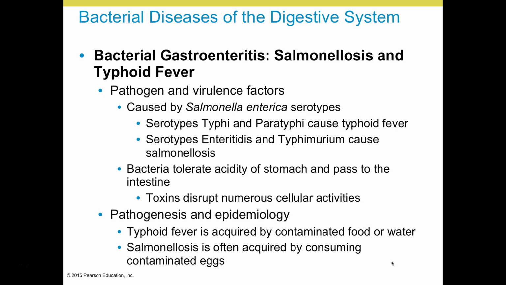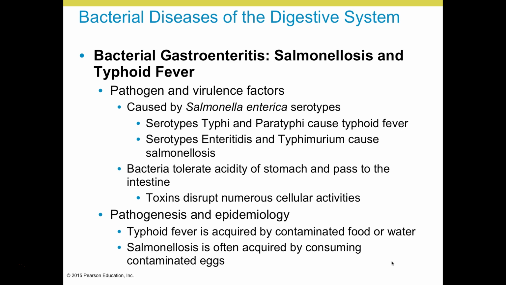Okay, Salmonella and typhoid fever. We have Salmonella enterica, and this can cause typhoid fever, and at the same time it can also cause diarrhea. How do you get typhoid fever? Well, contaminated food or water.